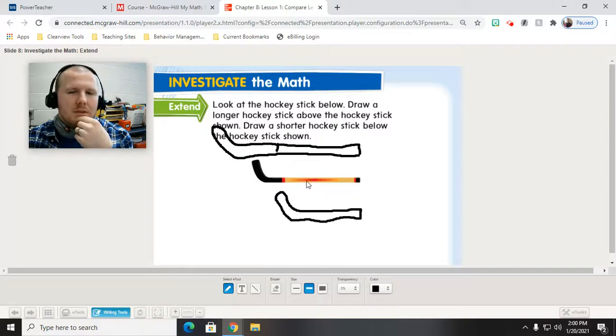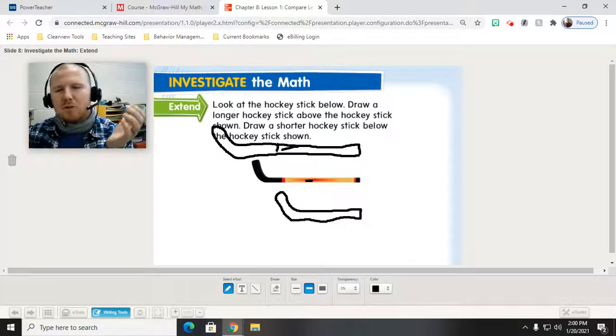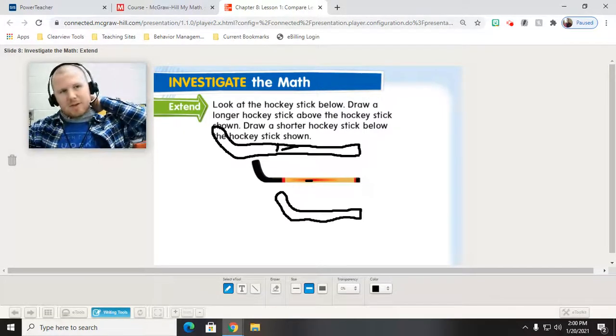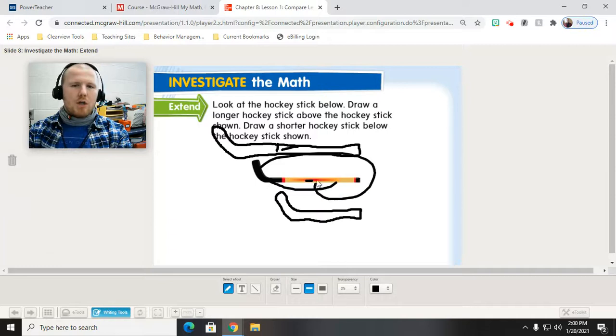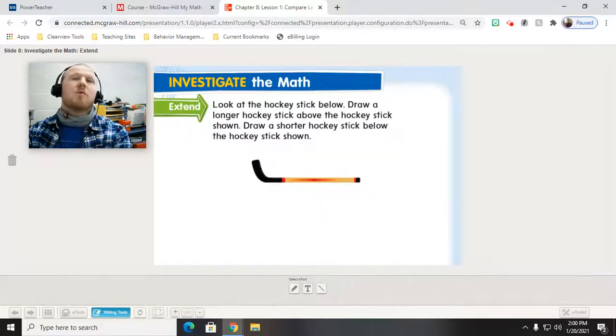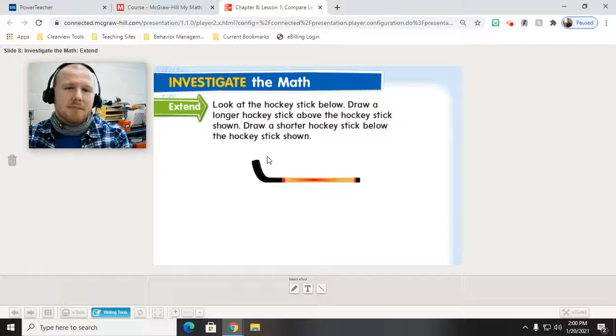Well, this one is long, but this one is longer. And then down here, this one is shorter. So it's all about perspective. So you have to watch what you're saying. Because if we say this one is longer than this one, that's true. But this one's longer than both. So when we're talking about these things, we need to make sure we're very clear about what we're saying.